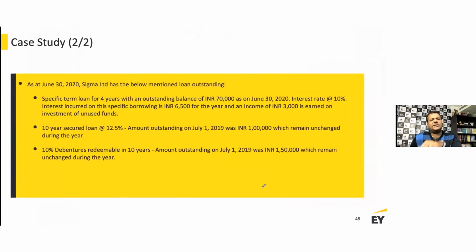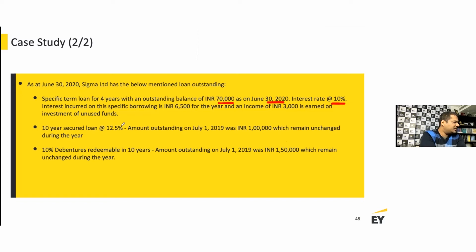Now, as at June 30, 2020, which is the year end date, Sigma Limited has the below mentioned loans which are outstanding. A specific term loan for 4 years with an outstanding balance of 70,000 as on June 30, 2020. Interest rate is 10%.